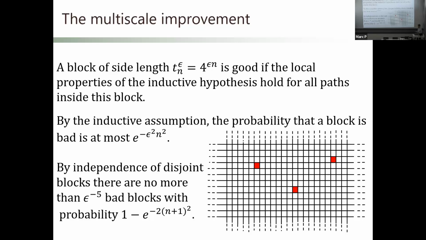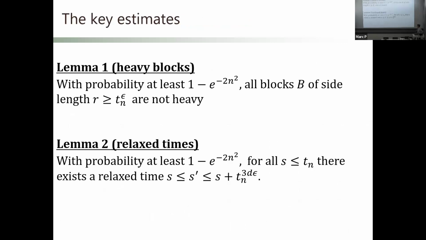And the key is how you define what the boxes are, and the definitions, and that you have to be able to deal with a few bad boxes on smaller scales. Okay, so the key estimates we'll need are one, that we don't see any heavy blocks, and two, that we never have to wait very long until we get to a relaxed time.